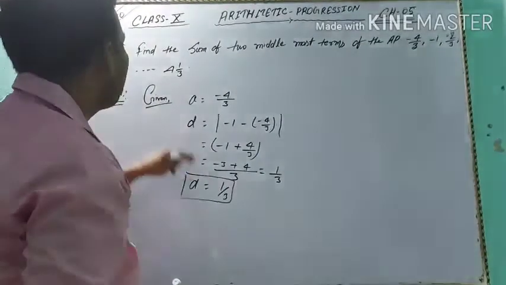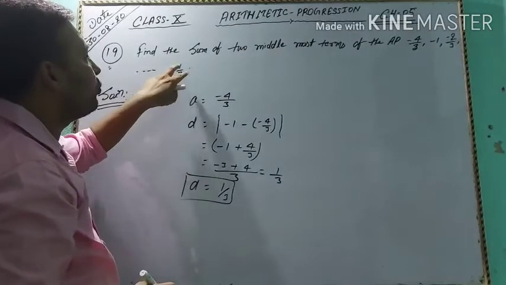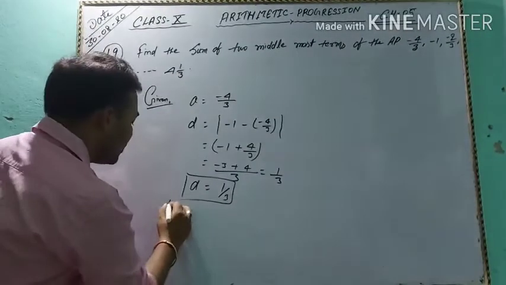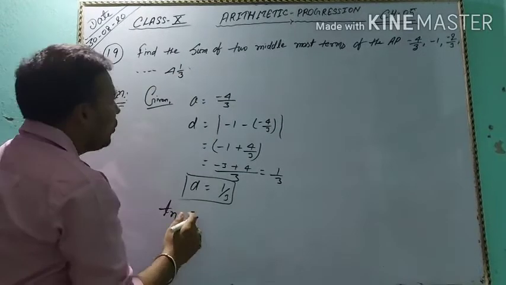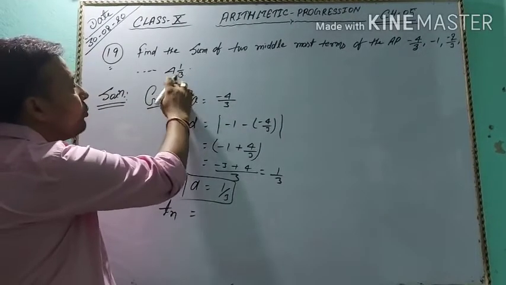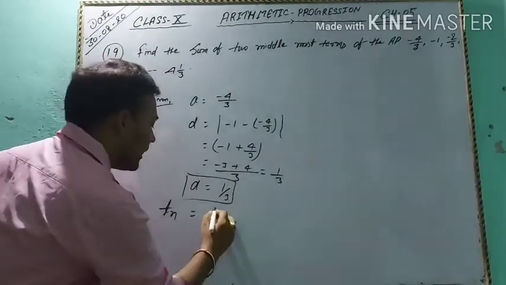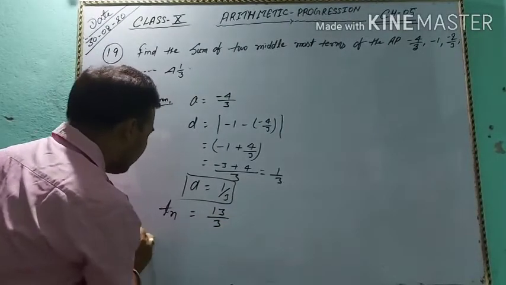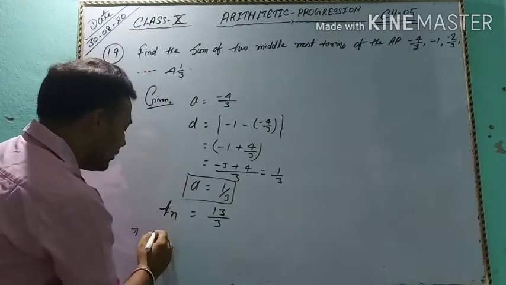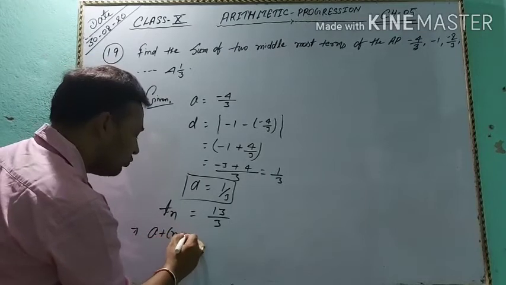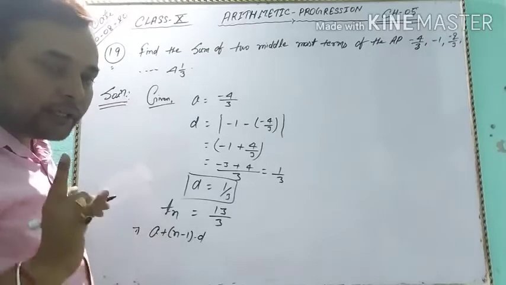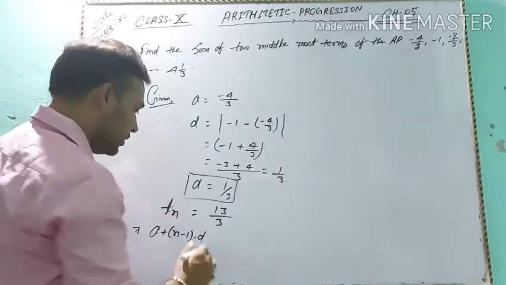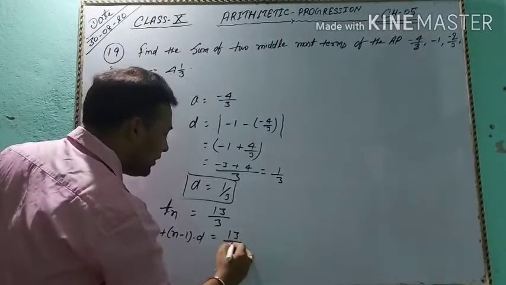And here the last term is given, 4 upon 1 by 3. The last term, that is the Tn. Tn equals 4 upon 1 by 3, that is 4 threes are 12, and 1, so 13 by 3. Okay, so students, we write Tn equals A plus n minus 1 into D, which is called the nth term, equal to 13 by 3.